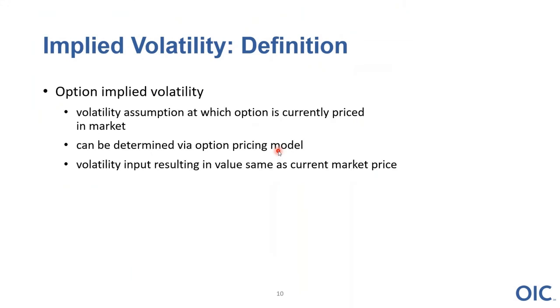But in addition to calculating the option price, you can also observe the option price. This is what you're seeing trading in the open market, or the midpoint of the bid-ask, or maybe the price you just traded this option at. If you know the option price, you can work backwards. Input the stock price, the strike price, days to expiration.